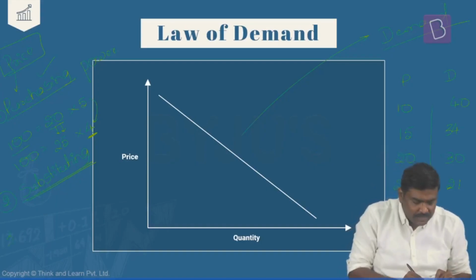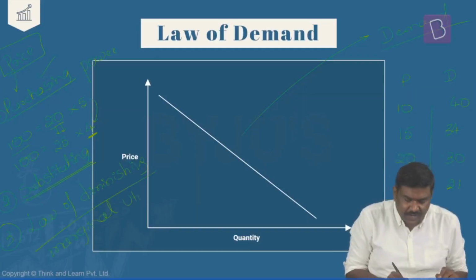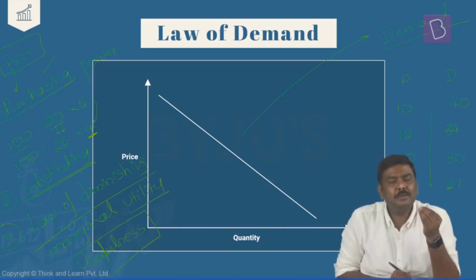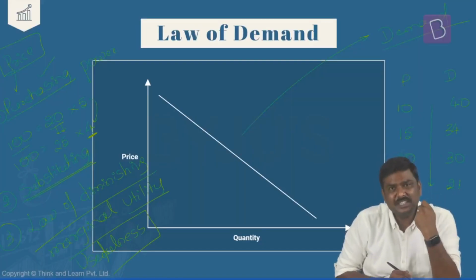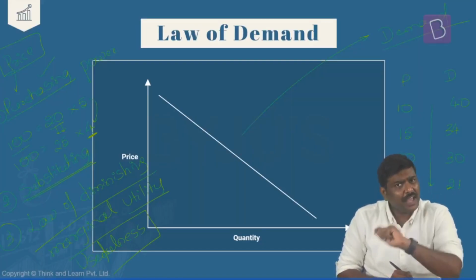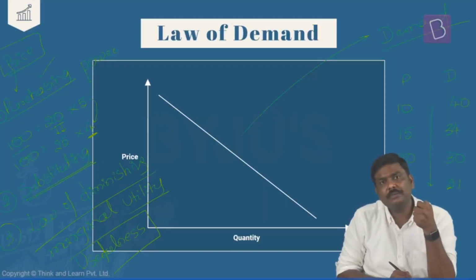And the third one is the law of diminishing marginal utility. What is this law of diminishing marginal utility? First and foremost, utility refers to the usefulness of a particular product. For example, I will purchase food. Does food have certain usefulness to me? Yes. I will purchase water from the market. Does it have any usefulness to me? Yes. I will purchase fuel from the market.